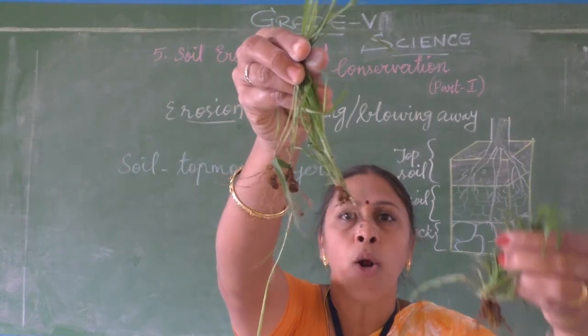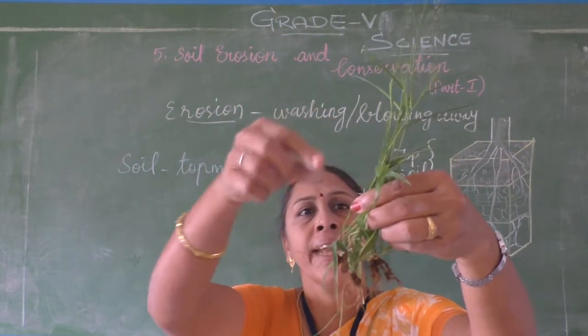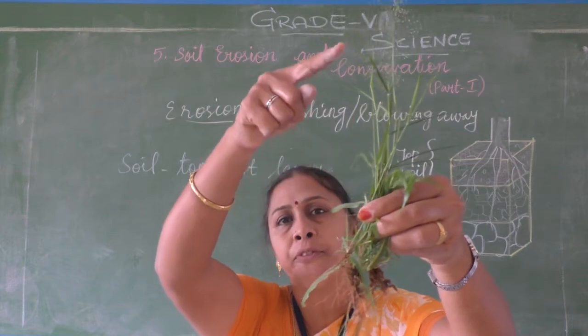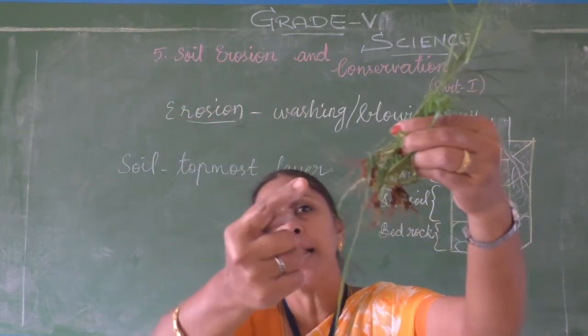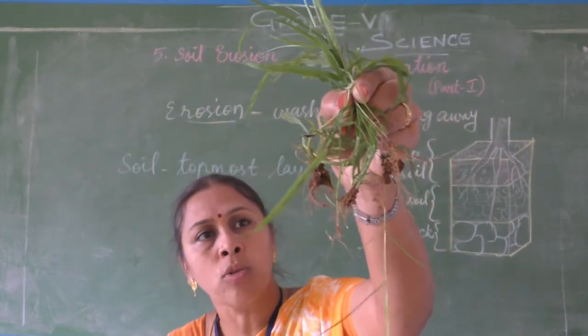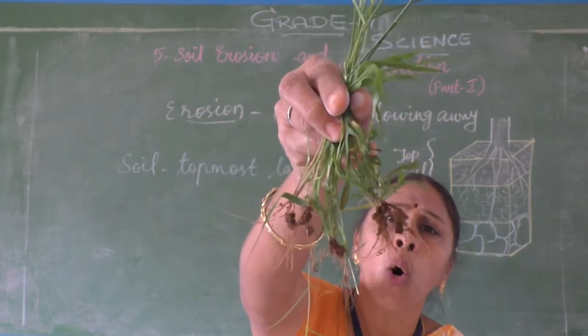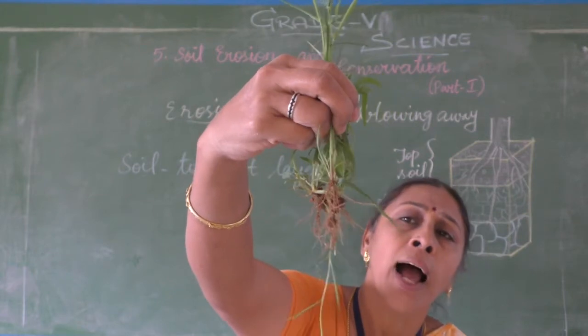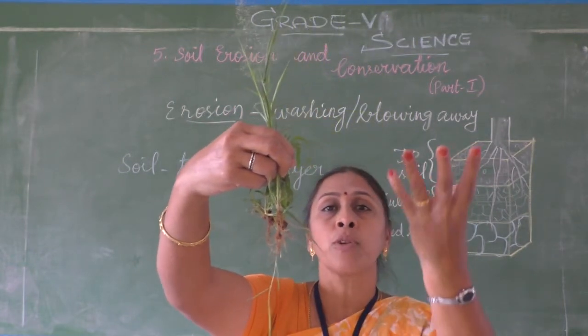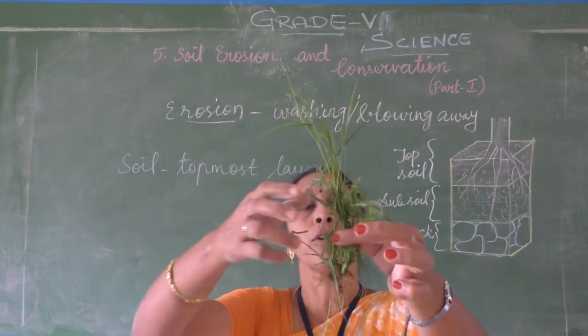See, in all the roots, is there any soil particle in the leaf? No, but in the roots, I think you all could see clearly. So the roots hold the soil, and the soil helps them to stand erect above the ground.